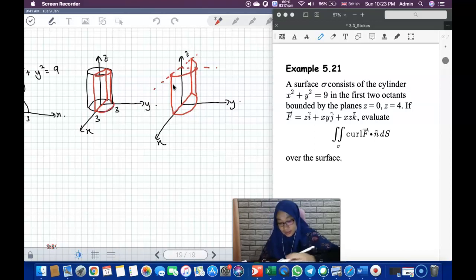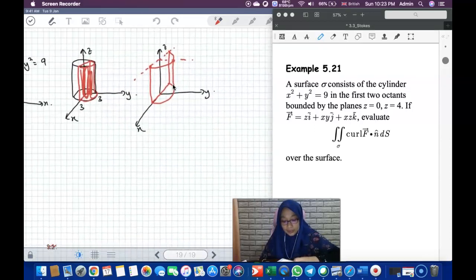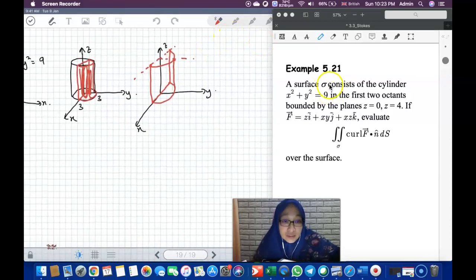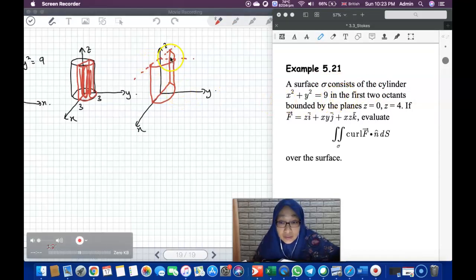See, so only this part. Okay, so read it again. The surface consists of the cylinder in the first two octants. So that is your surface.